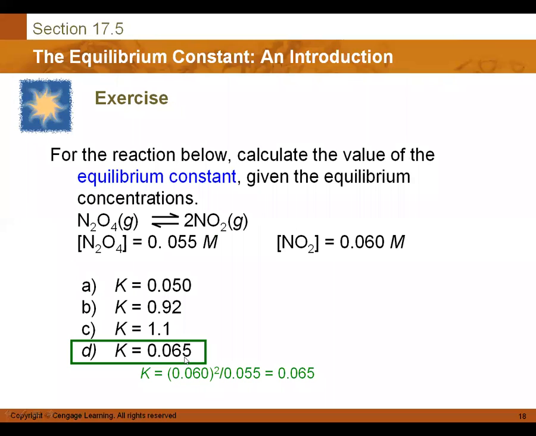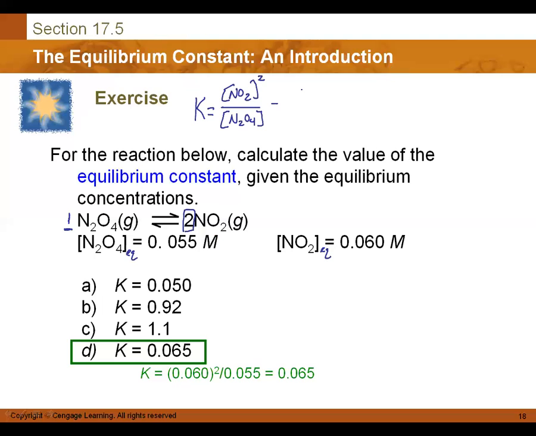So let's take a look at this one here. For this reaction below, given the equilibrium concentrations, calculate the value of the equilibrium constant. So again, we would look at the balanced equation and do our products, which in this case is NO2. We do need to square it because of this coefficient. We divide it by our reactants, which is N2O4. Again, the coefficient here is 1, so we don't put anything here. Now, we were told that these are the equilibrium concentrations of each of these, so that is what we want to put in here.